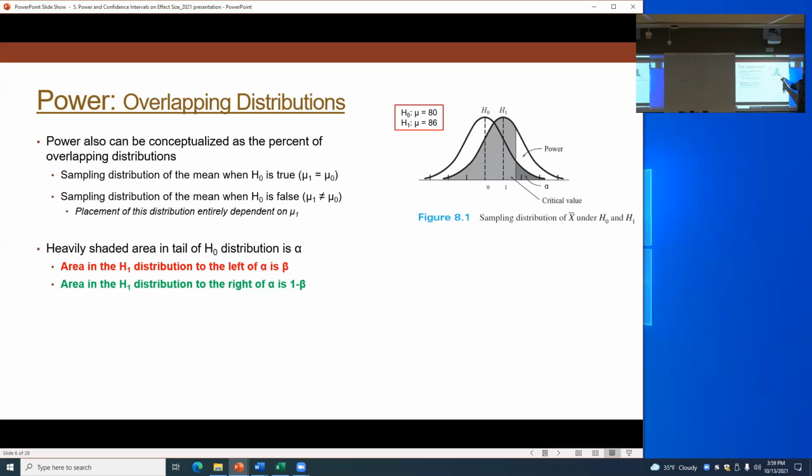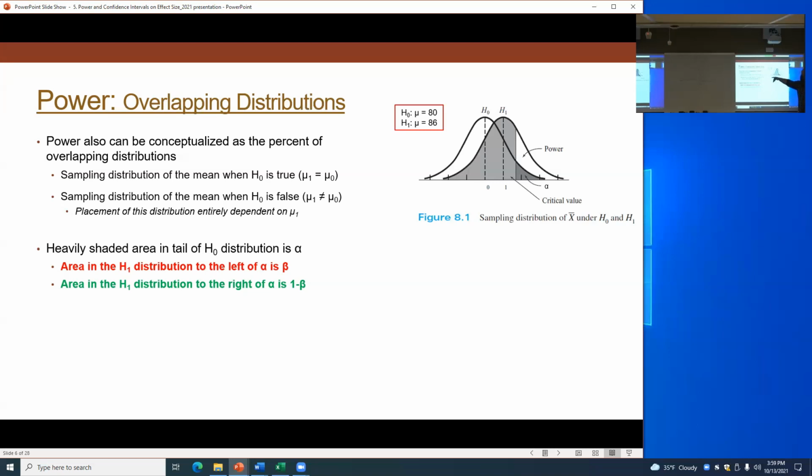But a lot of H1 overlaps with my null distribution. And if I get anything in there, even if my test statistic is dead center, consistent with the population value, I'm still overlapping with the null distribution. I'm still going to fail to reject, even though I'm spot on with my estimate, because I don't have very good power.